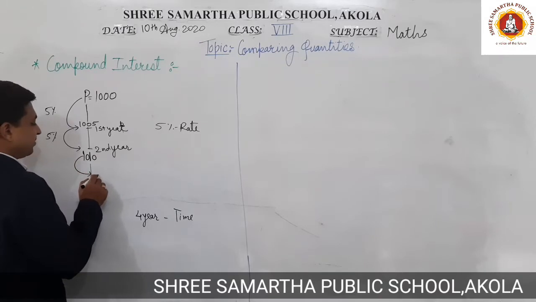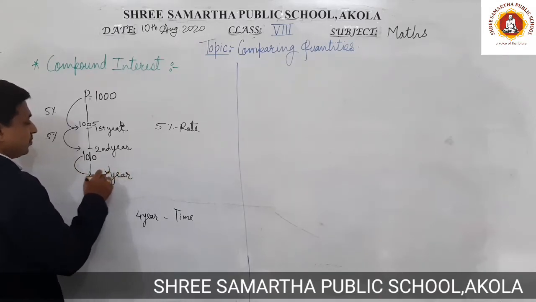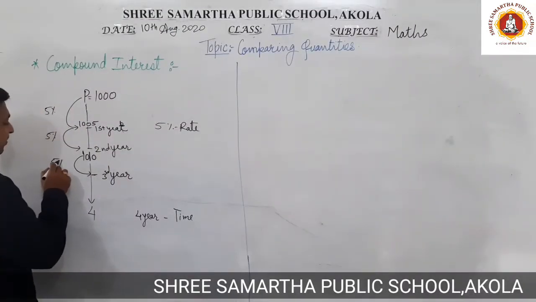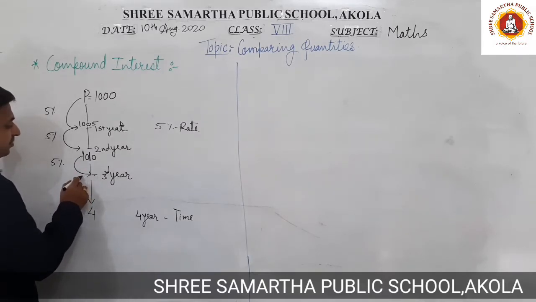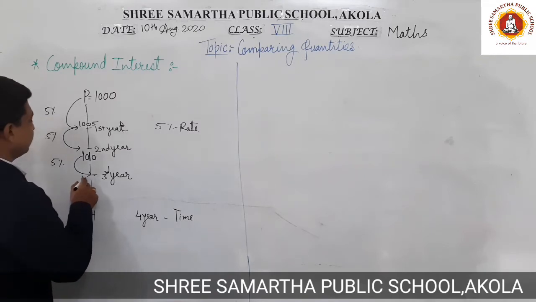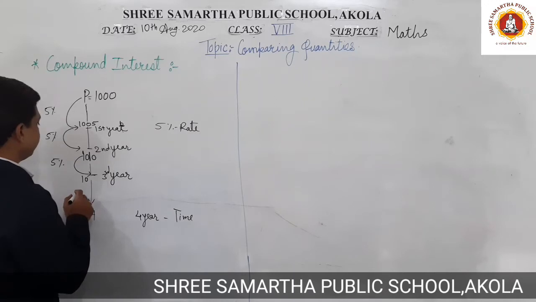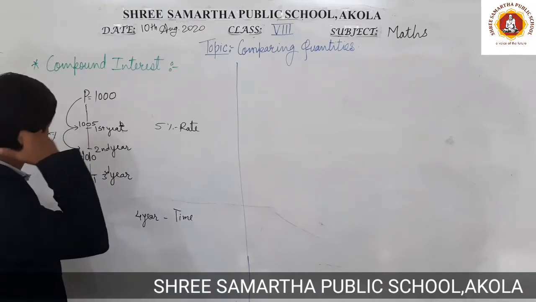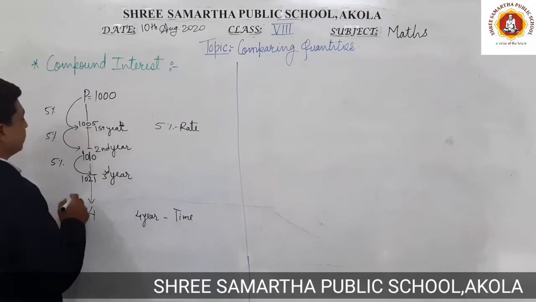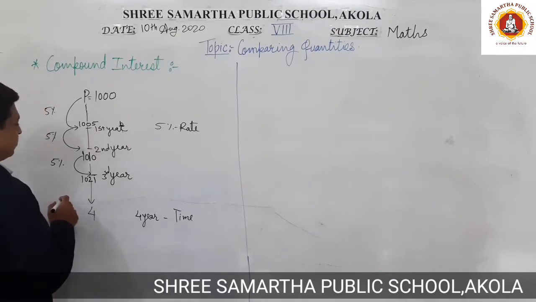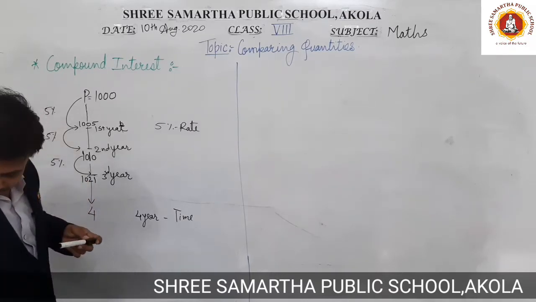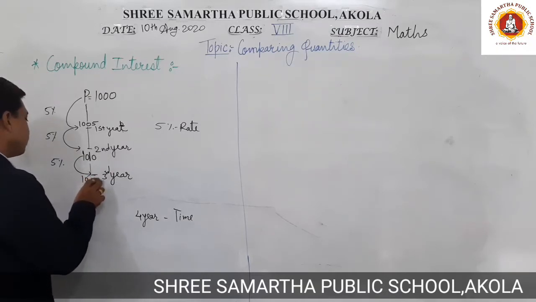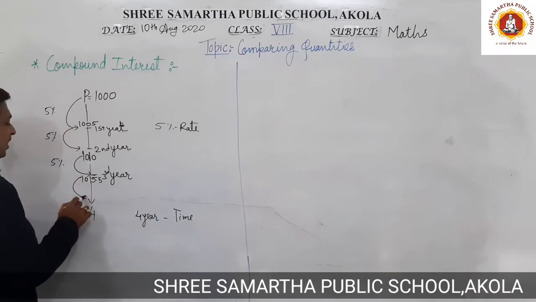Now again after the third year, we have to add 5% here, and the new principal will be like this, and then in the fourth year we will get the amount.